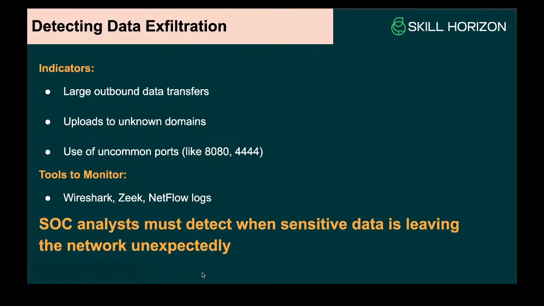If your data is transferring on these uncommon ports, that might be an indicator of data exfiltration. You need to observe with the help of tools like Wireshark or NetFlow, which can detect large outbound traffic or unknown destinations, right?